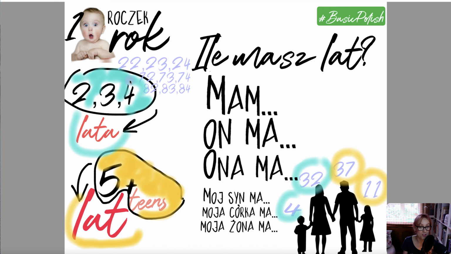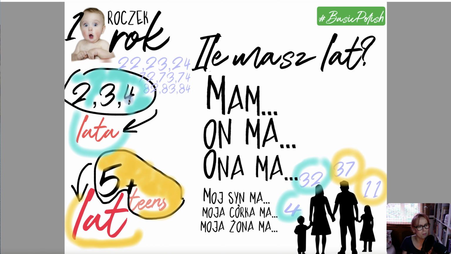If I was 33, I would say mam 33, and I'm saying 3, therefore lata, okay? If I was 44, I'd say mam 44 lata, okay? So that's why these 2, 3, and 4, these three numbers are extremely important, right?